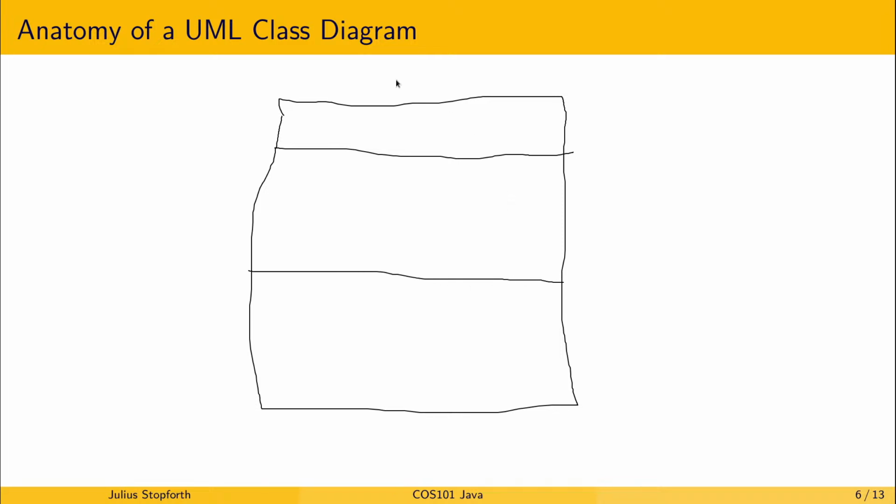So does anyone want to answer what goes in the first section up here? Isn't that your class? Yeah, so this is the class name. And typically when you use Plant UML, it'll put a little C in a circle for you. Other things that are correct are to just write out the word class, and then the name of the class.